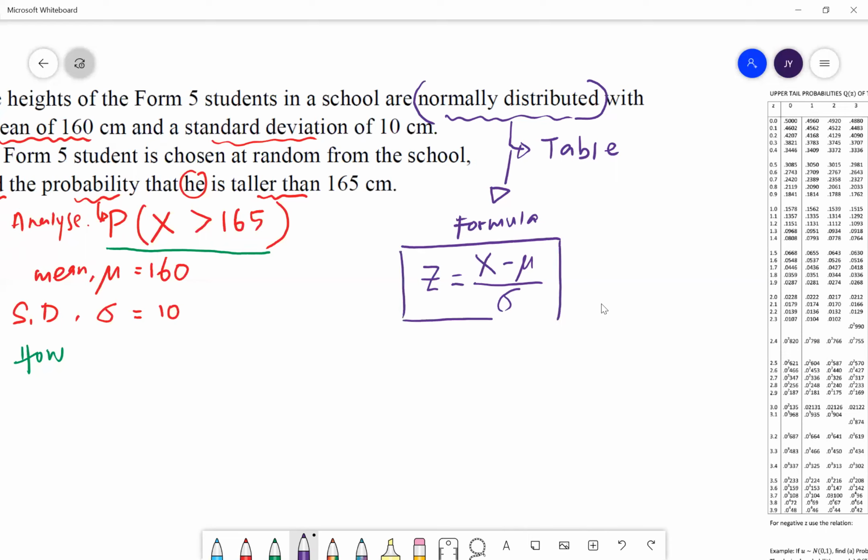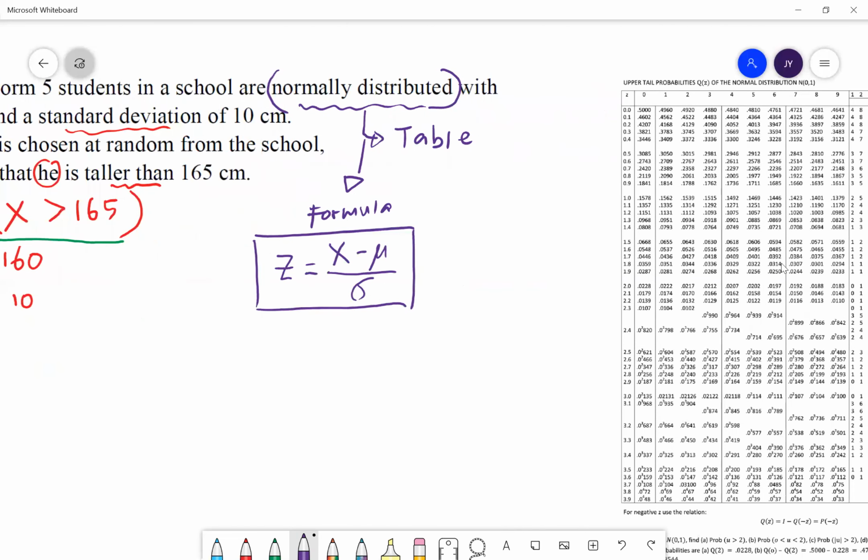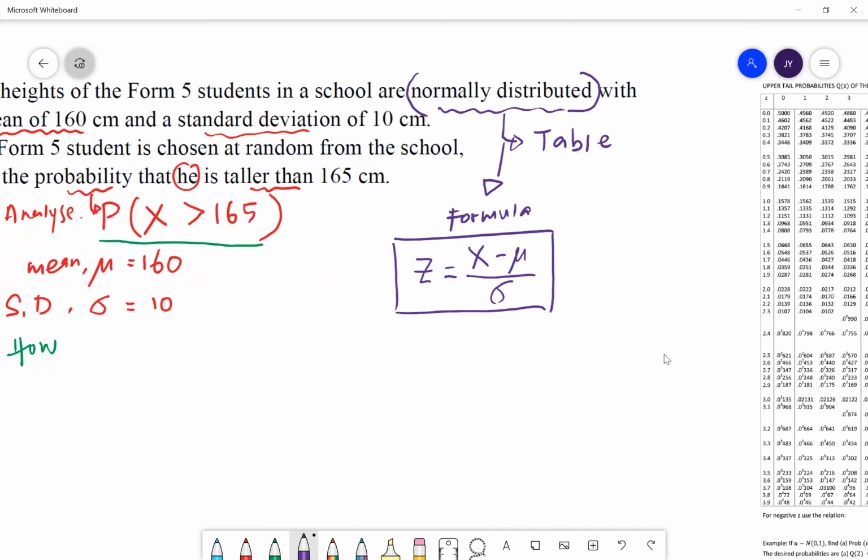Why do we need the formula? It is like we are talking to the table. We want to find the answer from the table. The numbers inside here are the answer to this probability. But the table cannot understand X greater than 165. It's like you talking to a Korean person using Japanese. They couldn't understand. You use Japanese words to talk to a German, they cannot understand as well.